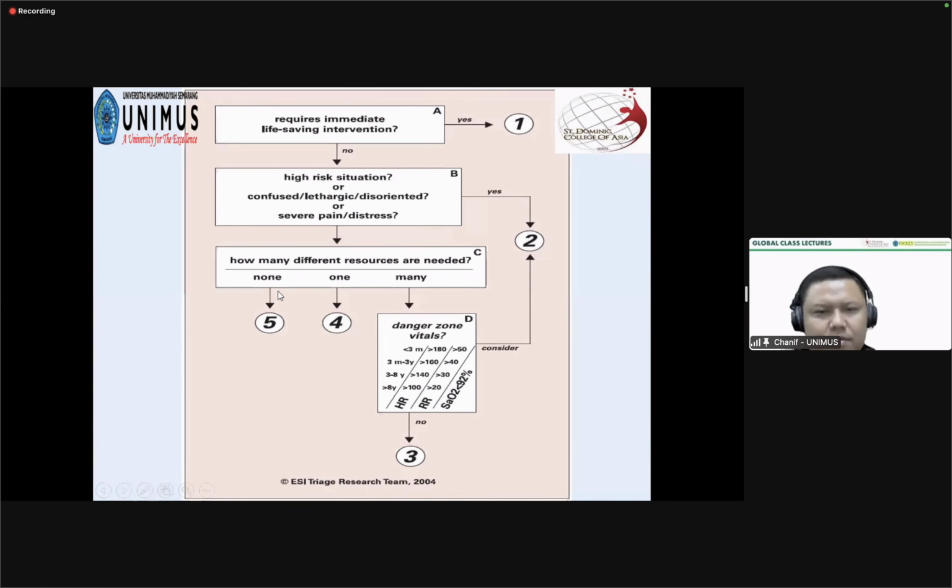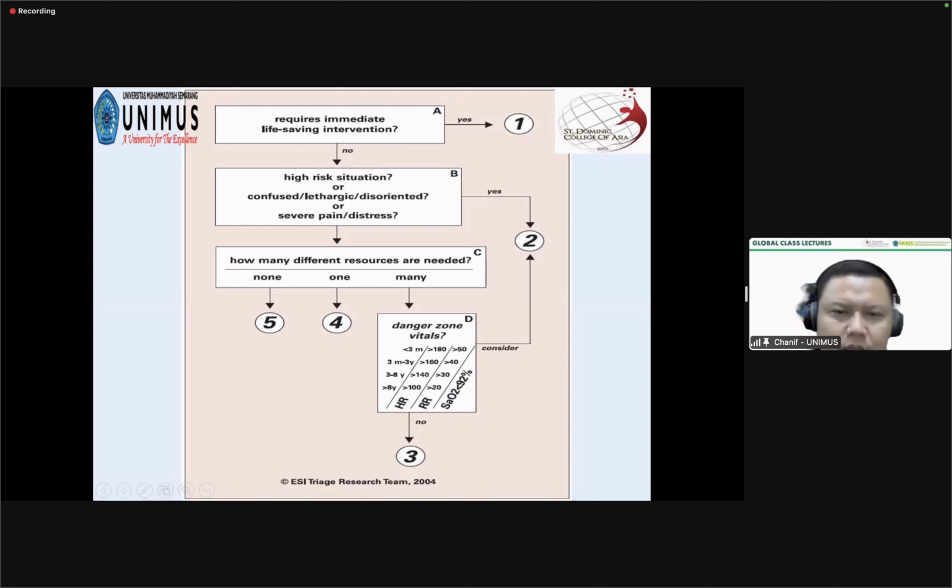If none of the resources are needed for the patient, it is level 5. So for ESI, if a patient comes to the hospital with level 1, level 2, or level 3, this patient is a true emergency. But level 4 and 5 are not true emergencies, they are false emergencies.